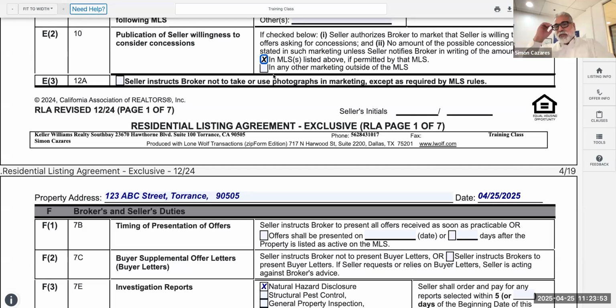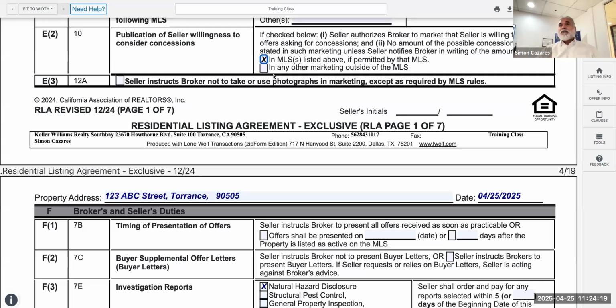That will allow you to put that, because right now it's a default. Okay, it doesn't say yes or no. You have to either put it as a no or as a yes. If you leave it blank, then it's neutral. It doesn't really matter. Now, when I'm looking at the MLS, I'm looking for, is the seller willing to pay concessions? But we're not going to put what the percentage looks like, what the flat fee is.